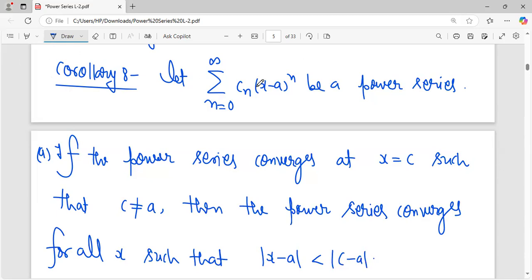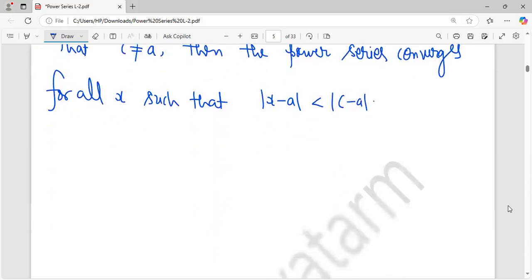If we change the center, then the generalization of the above theorem will be this corollary.